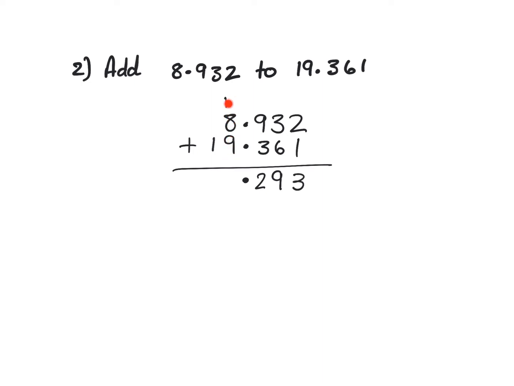So 8 add 1 is 9, add another 9, 9 is 18, and 1 add 1 is 2. So the answer for 8.932 added to 19.361 is 28.293, and that is correct.